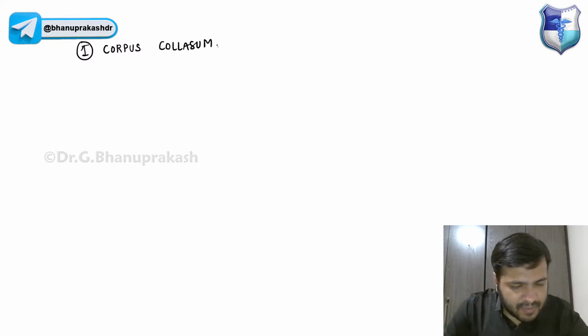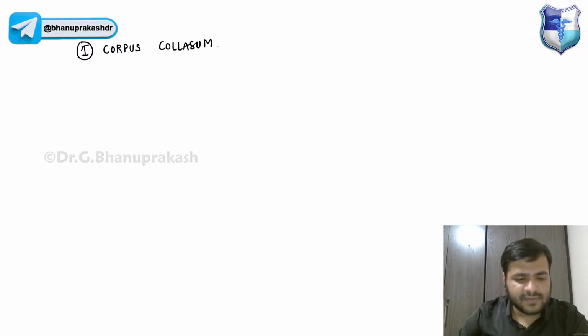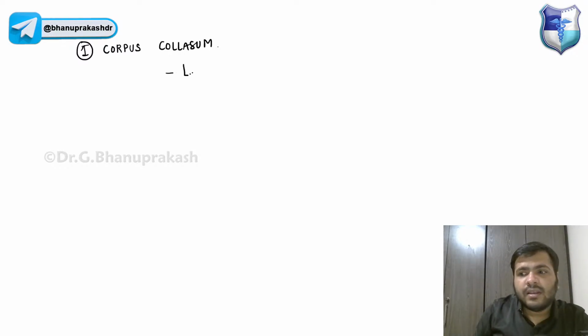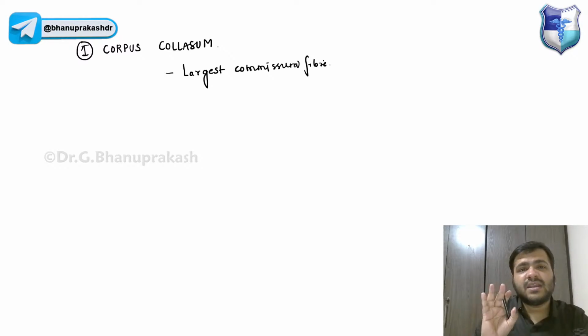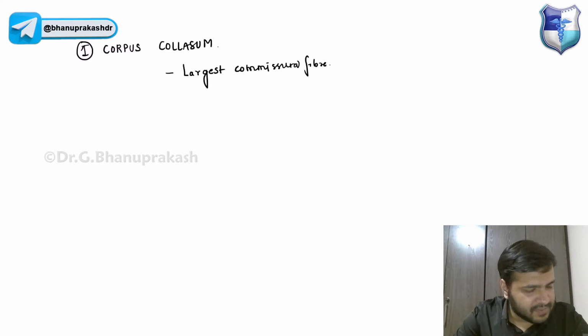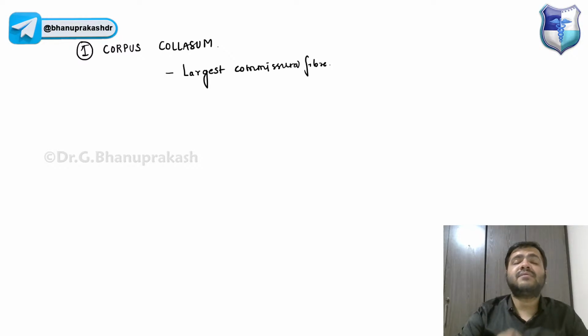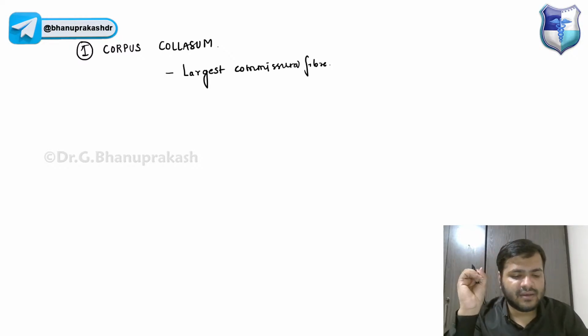Remember, guys, that it is the largest commissural fiber, and it is the main commissure of the brain. Basically its fibers connect nearly symmetrical areas of the two hemispheres.